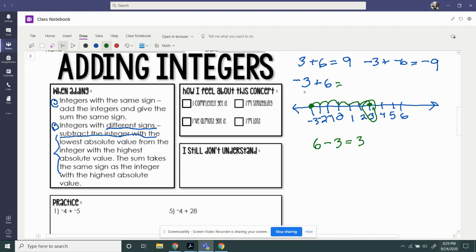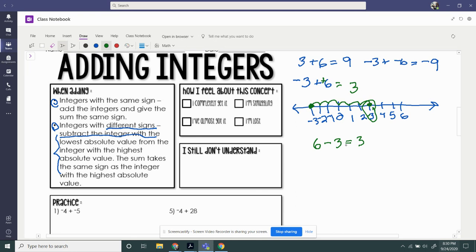Well, 6 is greater than 3 in terms of absolute value, and the 6 has a positive sign. This is an invisible positive sign here. So that's the sign that will go here. But remember, we don't need to write the positive sign when the number is all by itself, so we'll just quickly erase that. So 6 minus 3 is 3. Likewise, negative 3 plus 6 is 3.